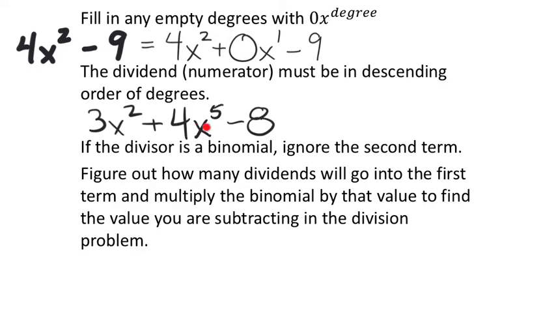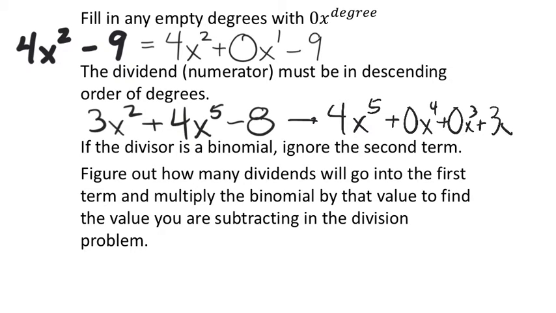This is out of descending order, so you'd rearrange it: 4x to the power of 5 plus, and you could show the missing terms, 0x to the power of 4 plus 0x to the power of 3 plus 3x squared plus 0x, and then minus 8. Sorry, it got kind of cluttered there at the end. But you don't necessarily need those, so you could just say that's descending order too. That's fine. But again, we're probably going to need some of those 0x terms if we see any that are missing.